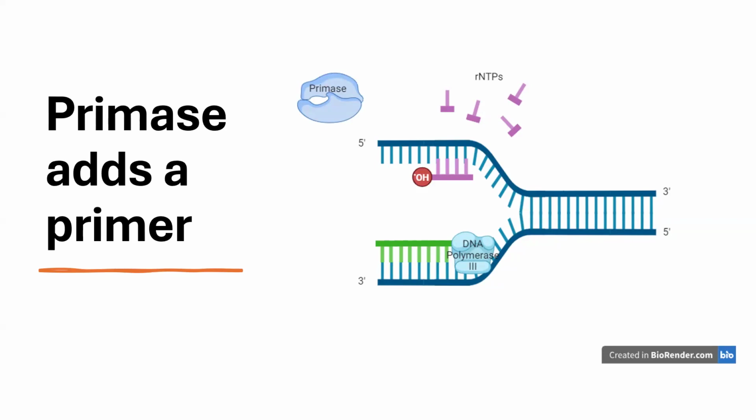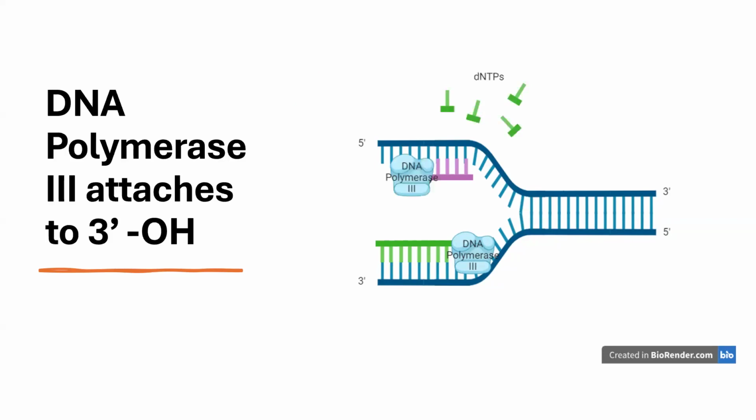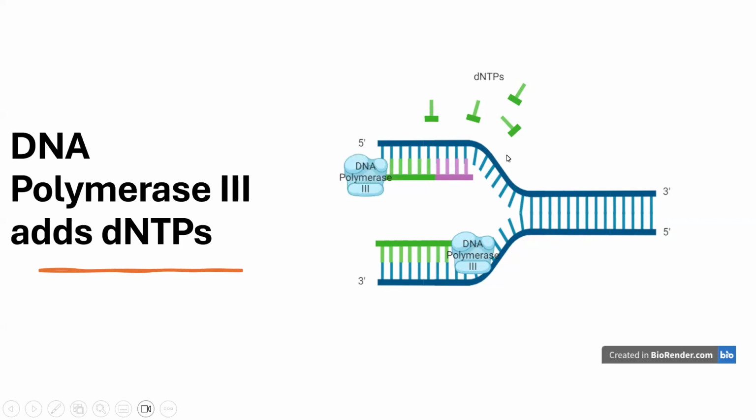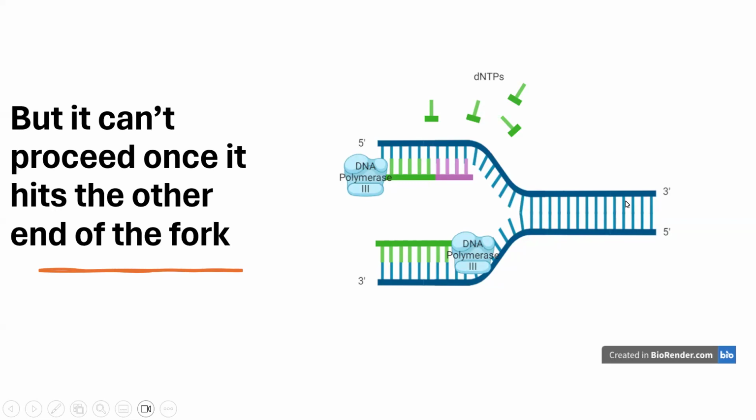It's going to leave that OH group where DNA polymerase 3 can come in and start adding its NTPs. But we see that now DNA polymerase 3 is back at the origin of replication, and it's got to replicate all the stuff back this way. Once it hits the other fork, this DNA polymerase 3 is done replicating, so it's going to pop off.